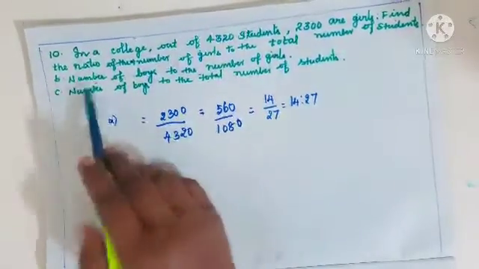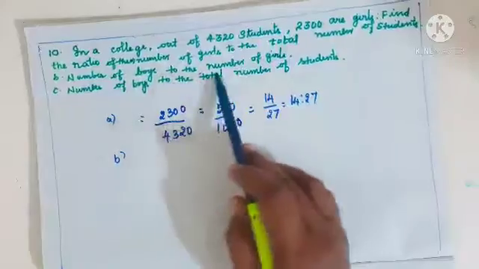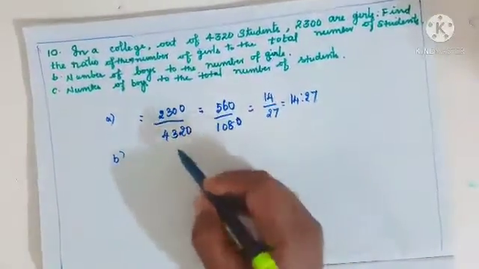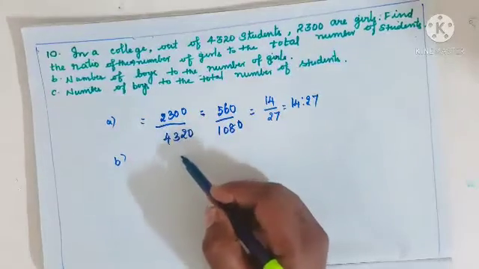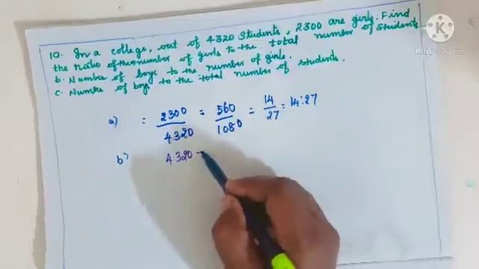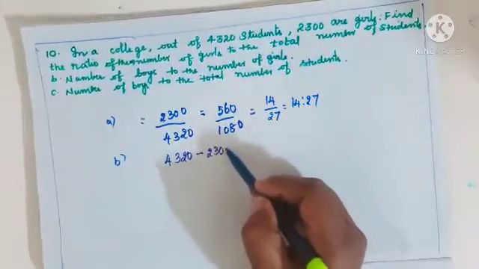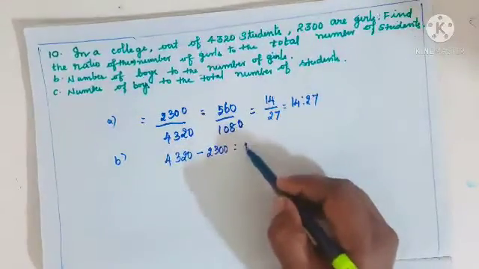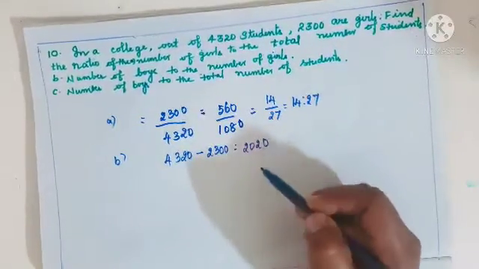B part, the question is number of boys to the number of girls. Okay. Boys is how much? So that we have to see, isn't it? So 4,320 minus 2,300. If you subtract, you will get the boys, isn't it? So that is what? 2020. Okay.